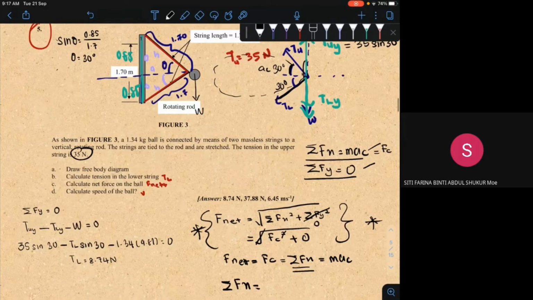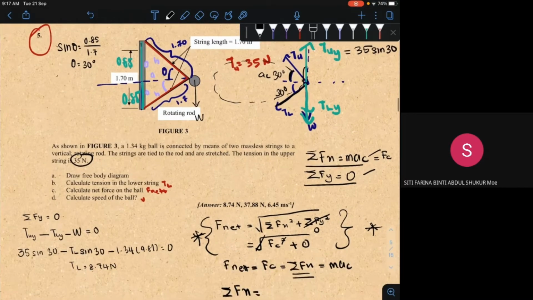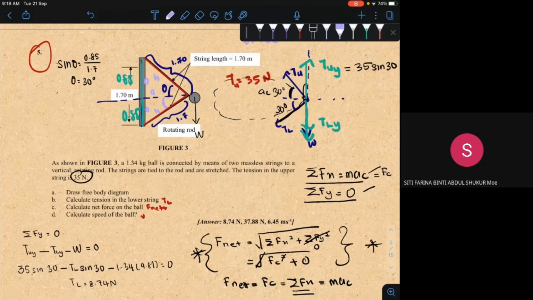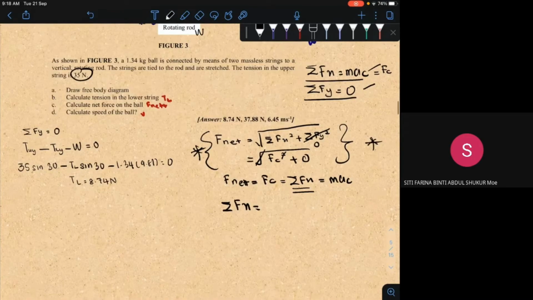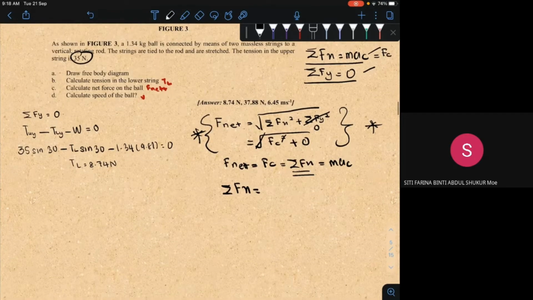If you look, you are going to have T upper along X and also T lower along X here. These are the two forces along X component. So we will sum them, T upper along X to the left plus T upper along X here.